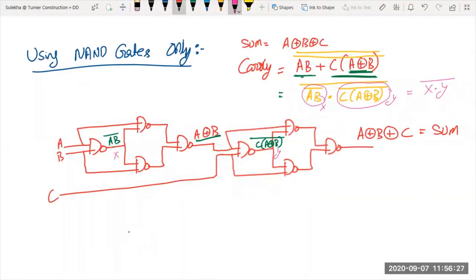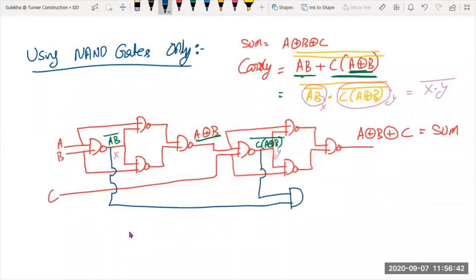So I will take one wire from here, and I will take another wire from here, and I will connect these two wires to one NAND gate, and at the output I will get my relation, which is nothing but AB plus C A XOR B.